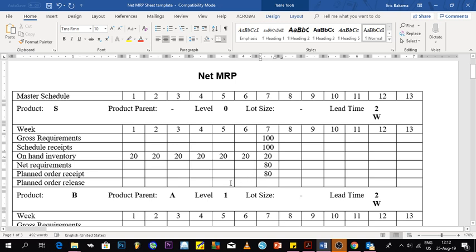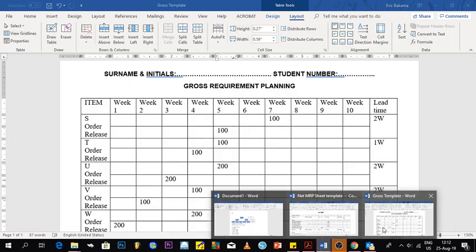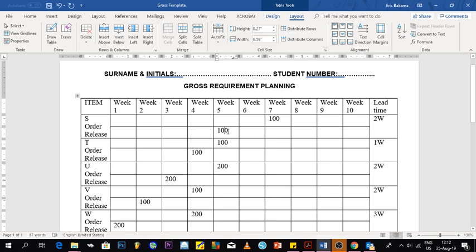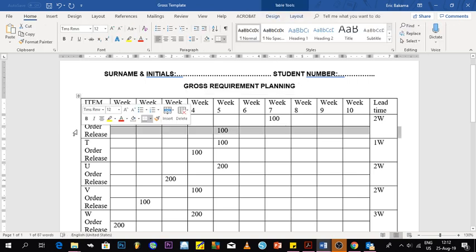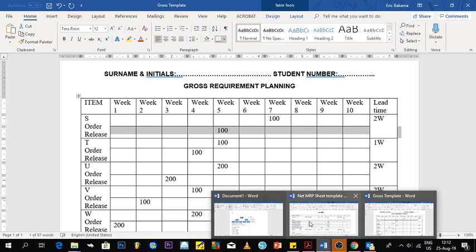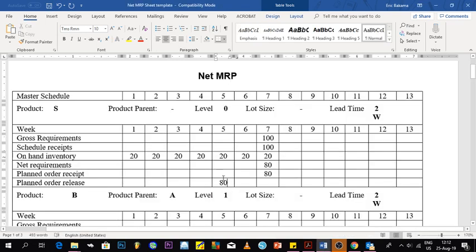So the first week and the second week will have our 80 here, which is now different from the gross, because if you look at the gross in week 5, we have 100 and not 80. Why? Because in this table we didn't include the on-hand inventory. So here we got 80.